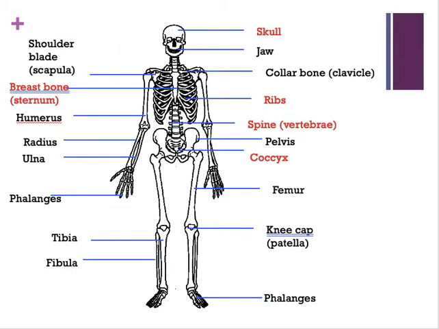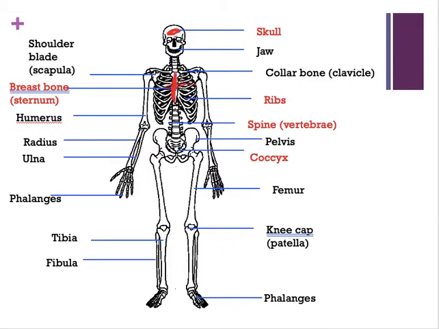Now, the skeleton then is divided up into two major regions. You'll see on this slide here that I have some of them highlighted in red. And let's just trace where those few things are. So we have our skull in here, then we move down and we have our breastbone down here.